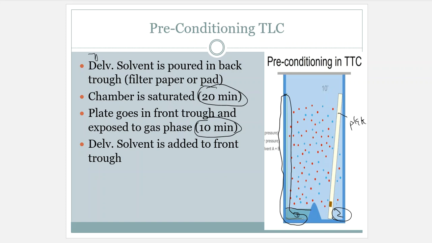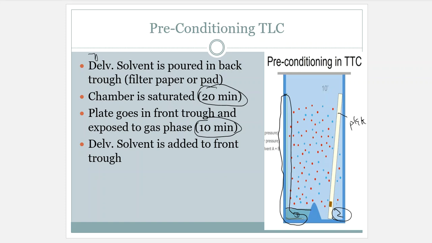So once more, we add the developing solvent into the chamber. We add the saturation pad into the chamber. We allow this process to take 20 minutes, just like it did before. We lower the plate into an empty trough, and then we allow that plate to get exposed to the gas phase for 10 minutes. That's most of the time, a 10-minute time period.